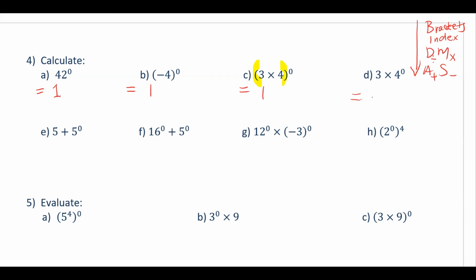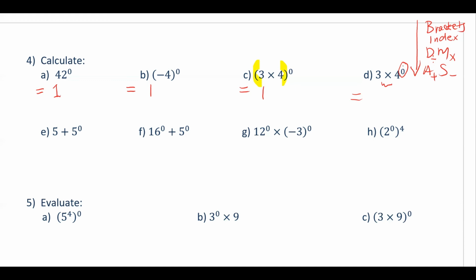Now the next one, you have a multiplication and you have a power of 0. So which one comes first in our order of operations? If we scan down this arrow, you see that index comes before multiplication.